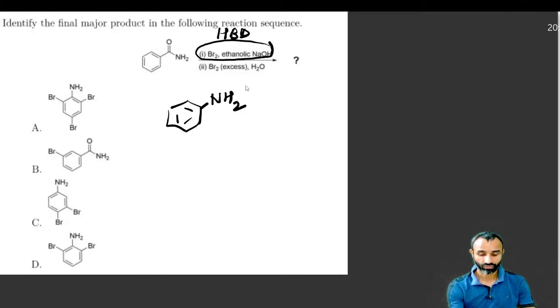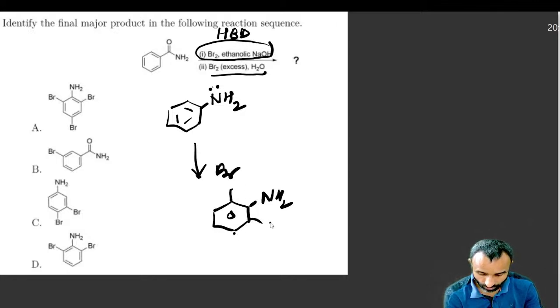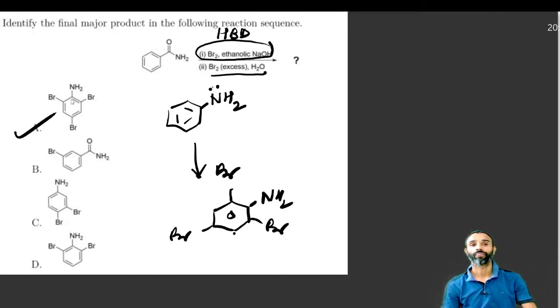After getting aniline, we have to treat it with bromine water. NH2 is ortho-para directing. So in this way, what will we get? Yes, ortho-para, 2,4,6-tribromoaniline. That is the product.